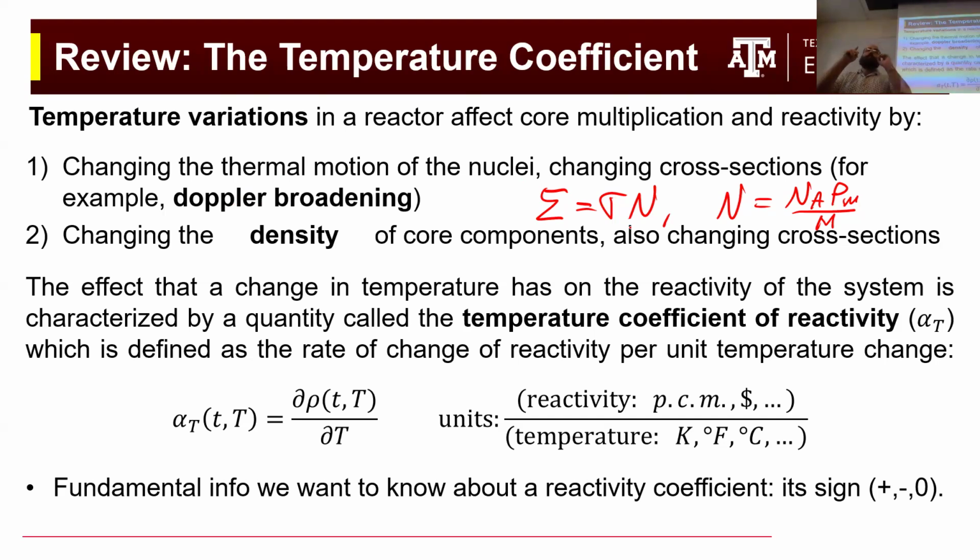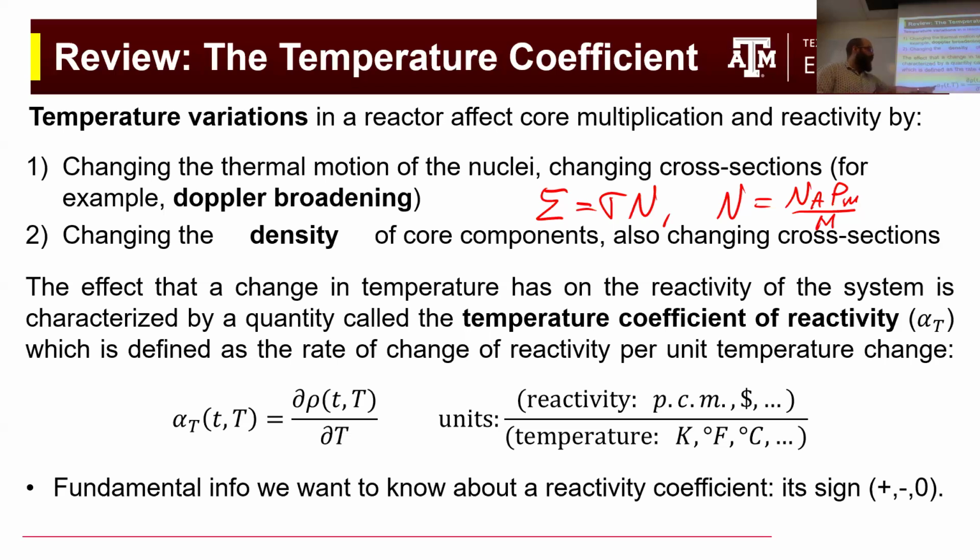Both of those things affect the macro cross section, and the macro cross section affects all of our reaction rates. So there's heavy temperature dependence in our system because of these phenomena, and we use the temperature coefficient of reactivity to talk about the rate of reactivity change in our system due to some change in temperature.